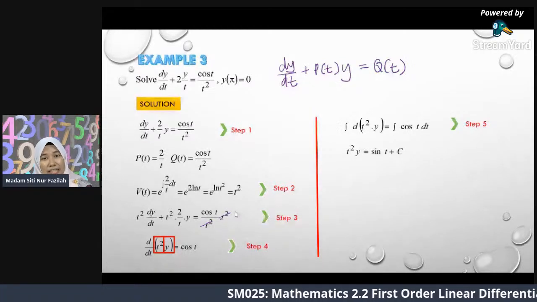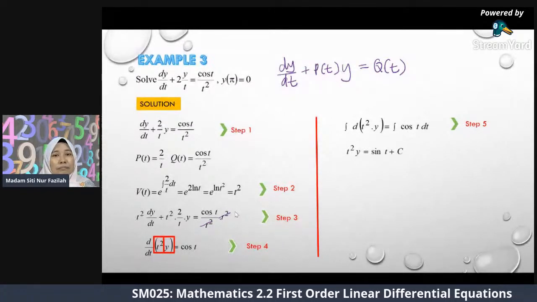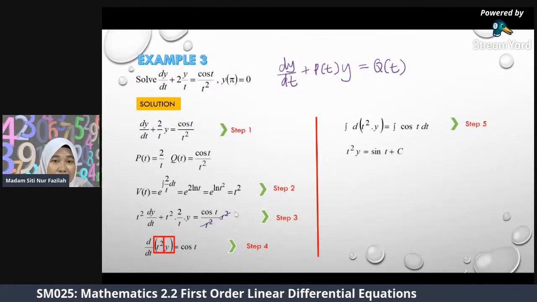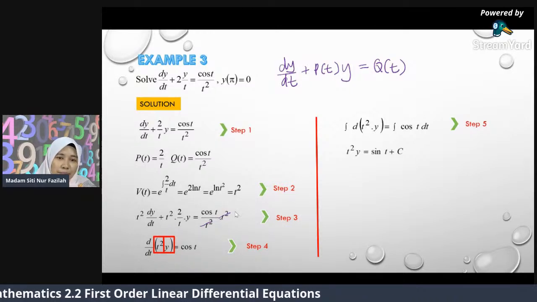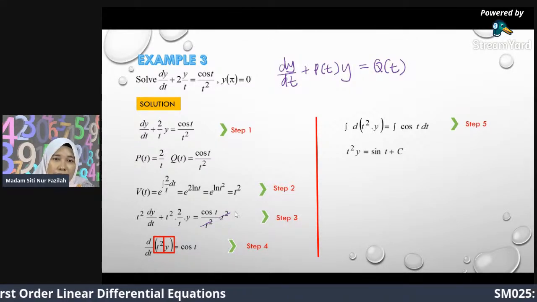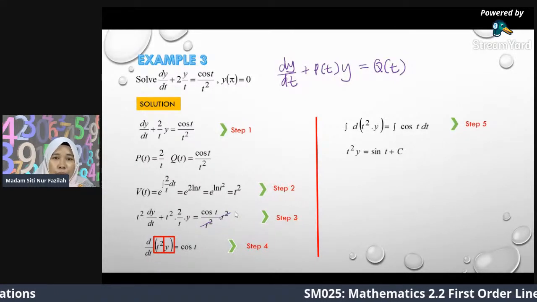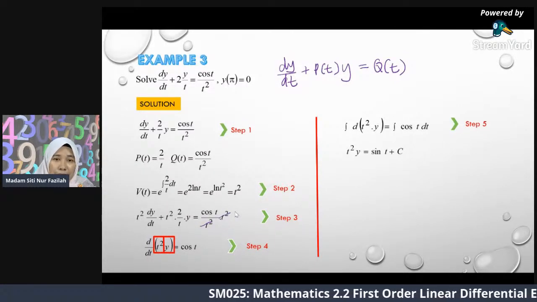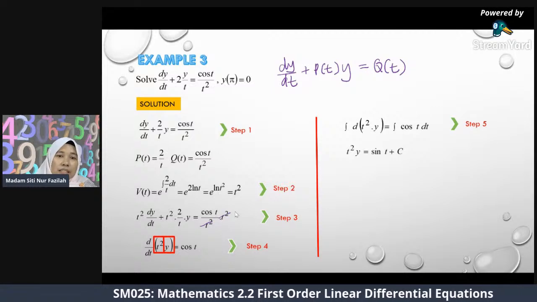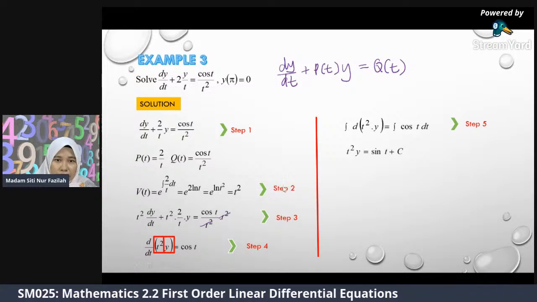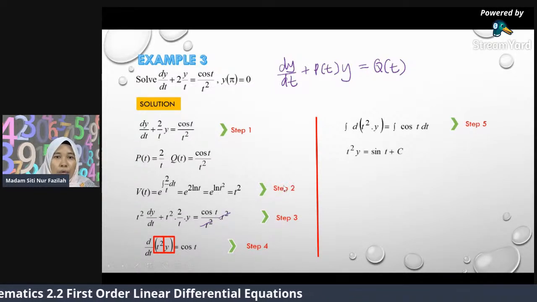Differentiate cos t is negative sin, but integrate cos is positive sin. We get the equation t square y equal sin t plus c. This is the general equation.